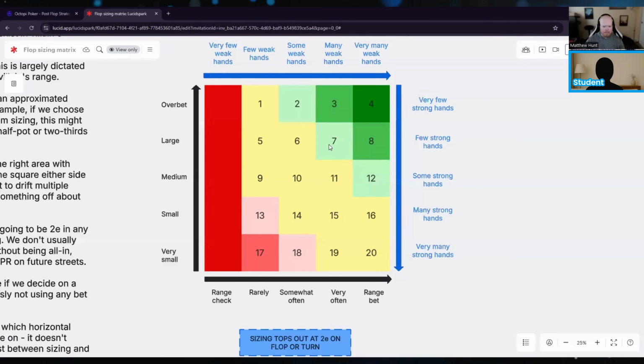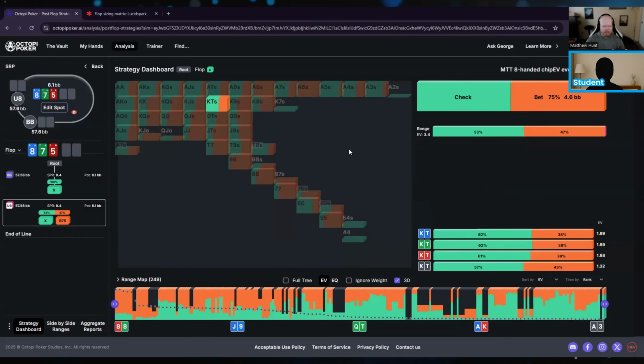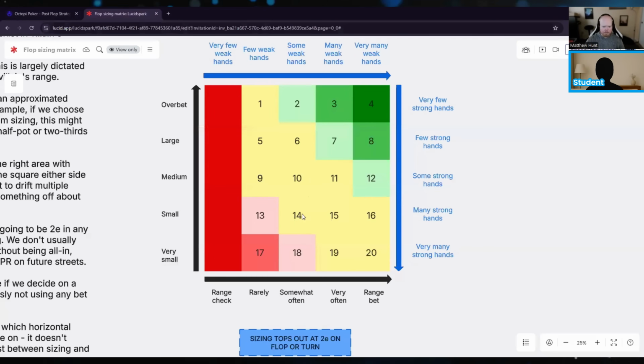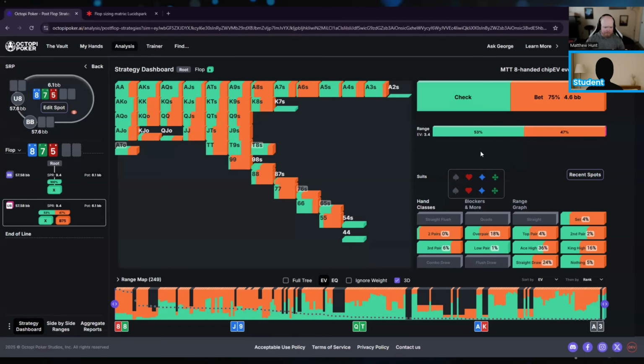This graphic is giving us a very viable strategy that is pretty close to what the solver wants here, without a ton of effort beyond asking how many weak hands and how many strong hands. The answer to both was some, but not that many. And therefore we end up in this territory of betting fairly often with a medium size, and we take it from there. Does that make sense?